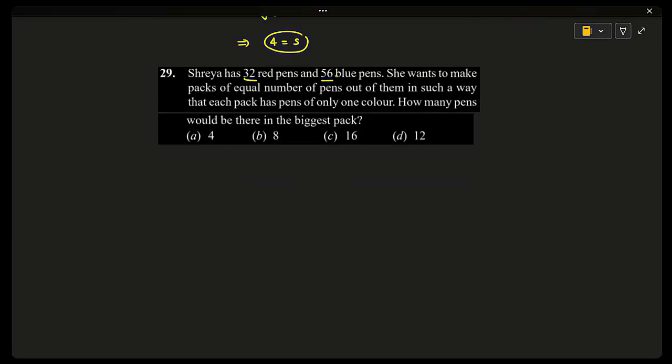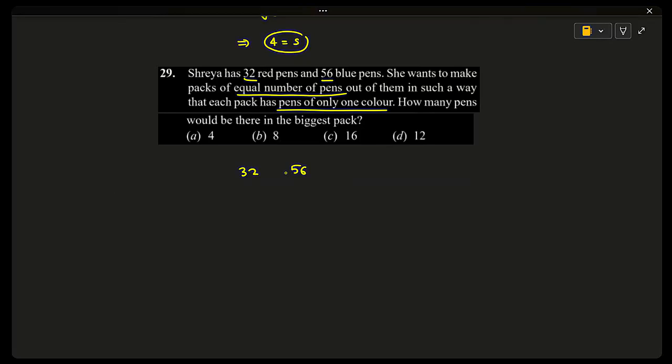She wants to make packs of an equal number of pens out of them in such a way that each pack has pens of only one color. How many pens would be there in the biggest pack? So she had 32 red pens and 56 blue pens, and wants to make packs of equal number of pens with only one color in each pack.